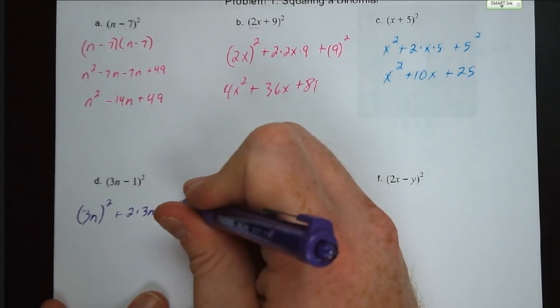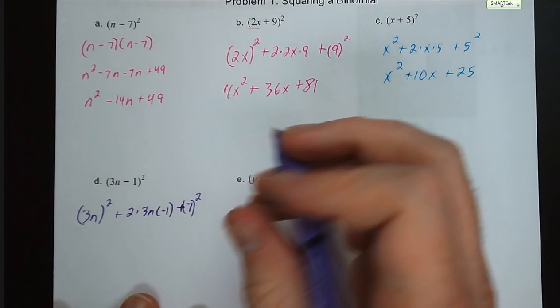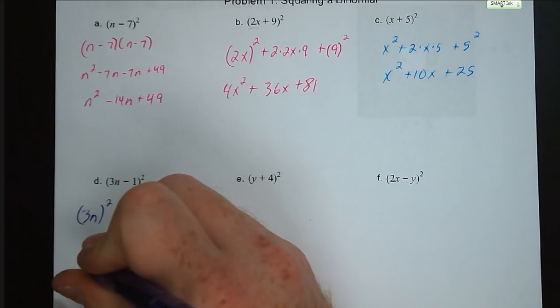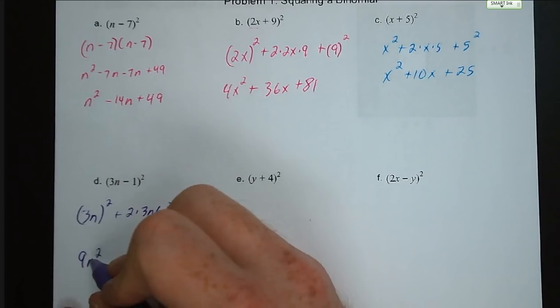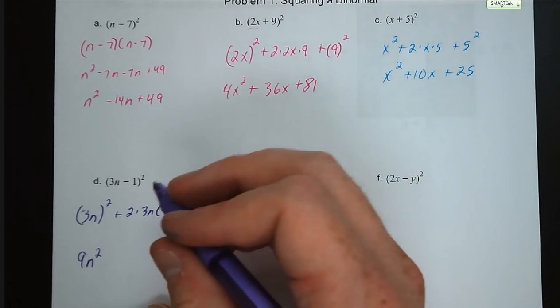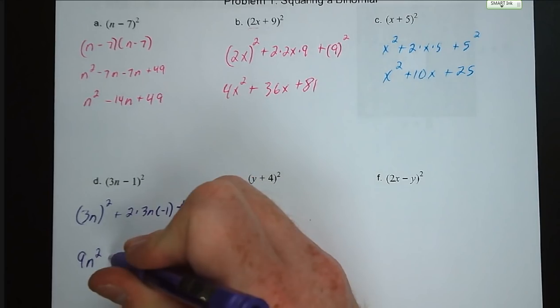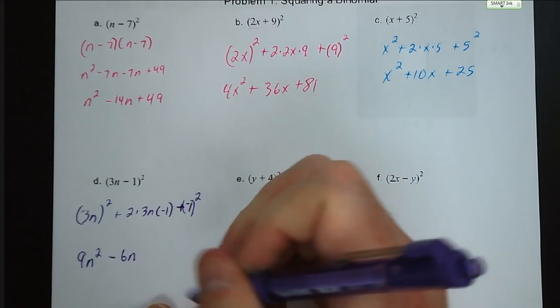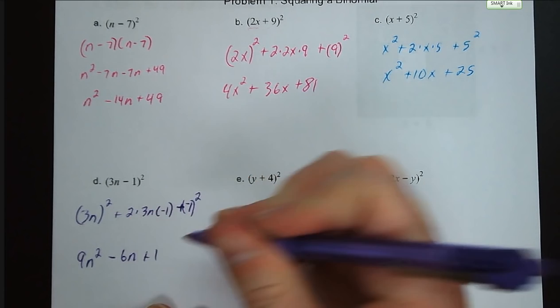Or rather, to be more accurate, negative 1 squared. Okay. 3n, the quantity squared, is 9n squared. 2 times 3 times negative 1 is minus 6n. And negative 1 times negative 1 is positive 1.